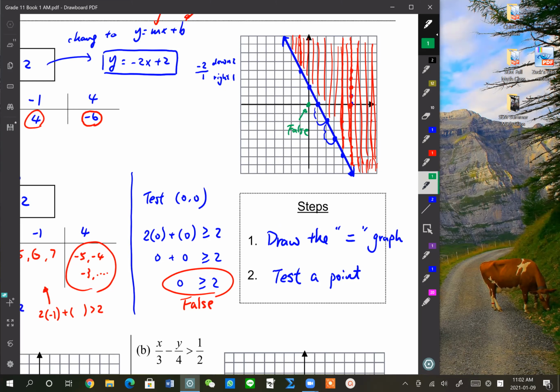That means you have to shade the other side. Does that make sense? If one side is false, then the other side must be true. You want to shade the true side. True means it works, it means it's your solution. So after you test a point, you shade the true side.